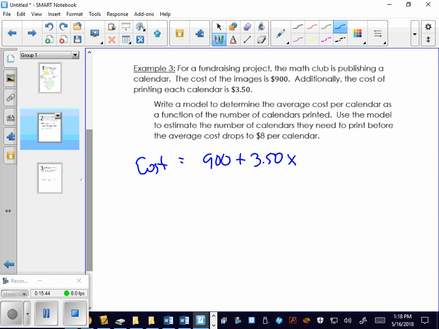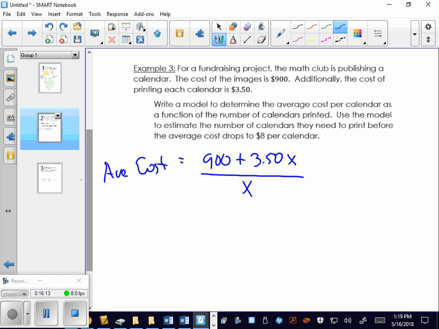If this right here is the cost and I want the average cost, it's actually really simple. Divide by the number of calendars, right? We took the total amount that it would cost to do the entire amount of calendars, and then we divided by the number of calendars. That's the average cost.